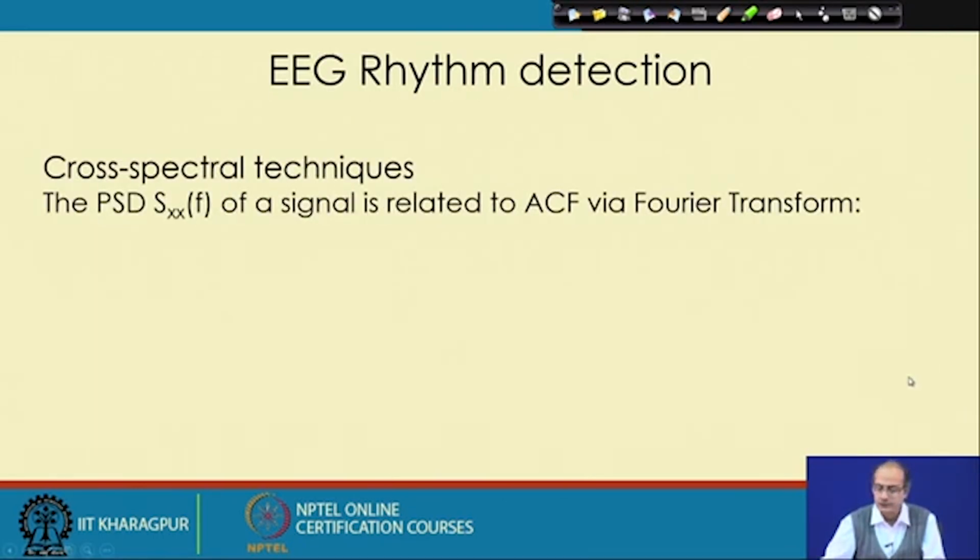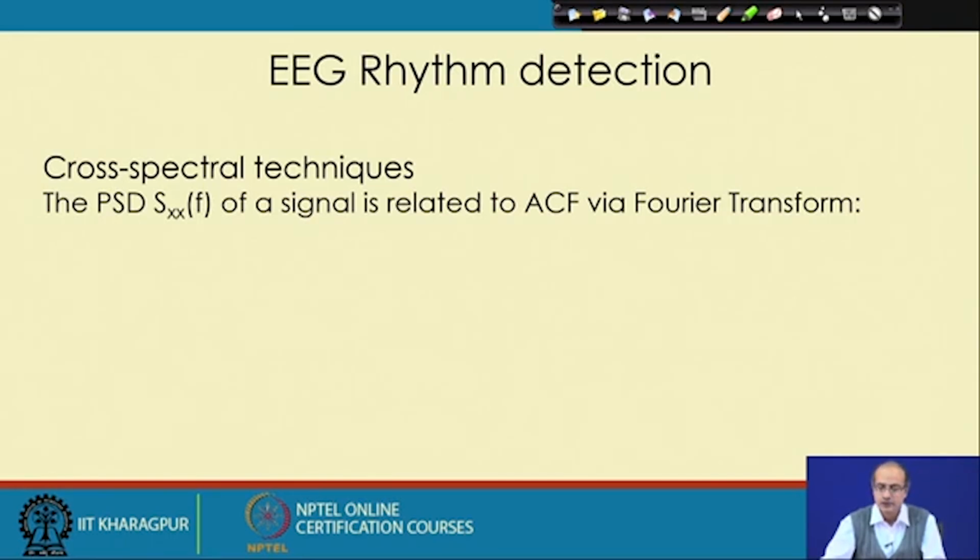So, here we will go for another technique that is called the cross spectral technique. So far we were working in the time domain. Now, we are switching to the frequency domain, and in the frequency domain we expect there should be some change, some advantages.